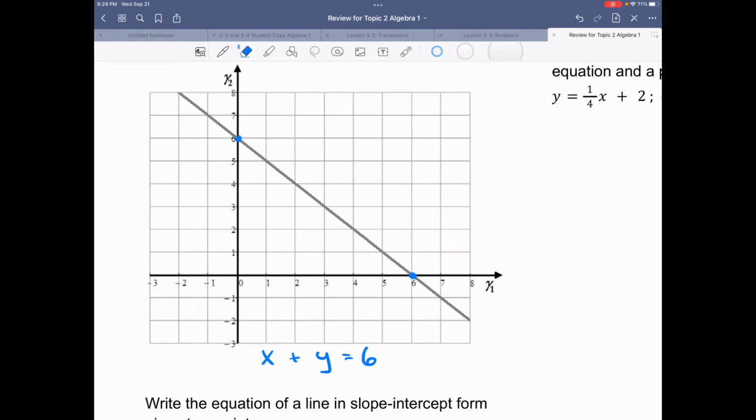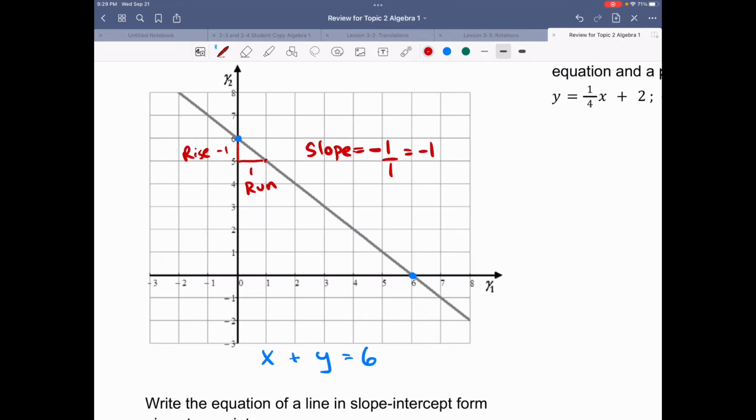Another way that we could write the equation, just to get fancy, is that this is the y-intercept at 6, and my slope is down 1 over 1. So I could also write it in slope-intercept form, because my slope is negative 1 over 1. It's my rise, and this is my run. So my slope is equal to negative 1 over 1, which is just equal to negative 1.